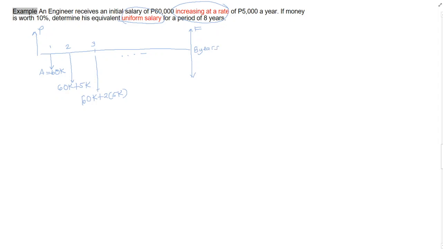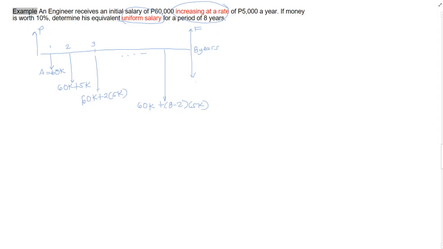Okay, so for the seventh year, that is already 60,000 plus n minus 2 multiplied by the gradient, which is 5,000.